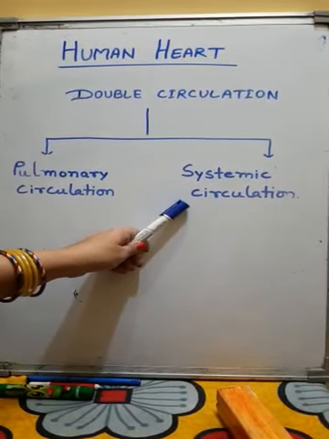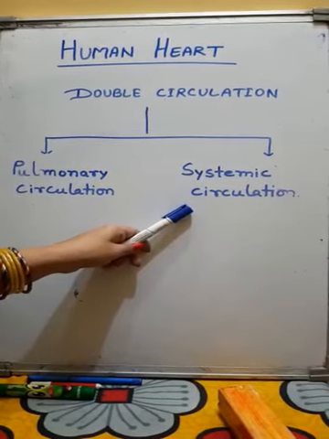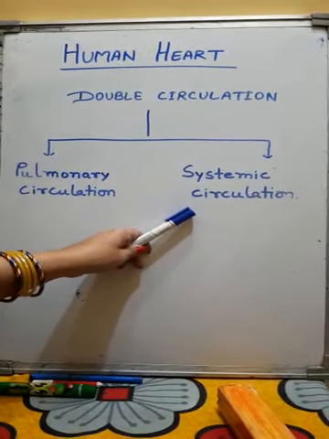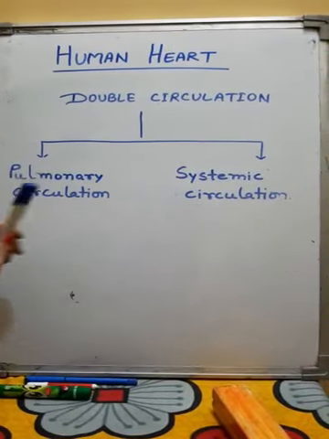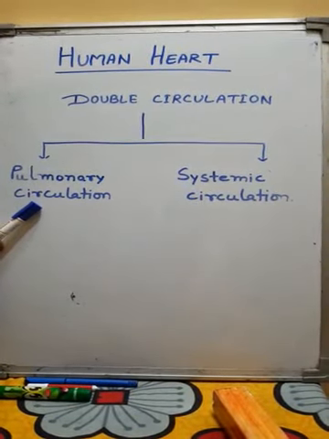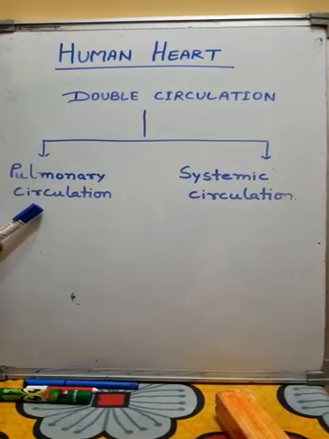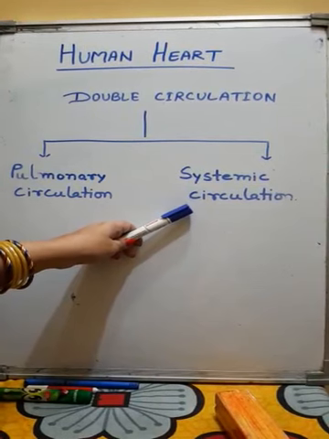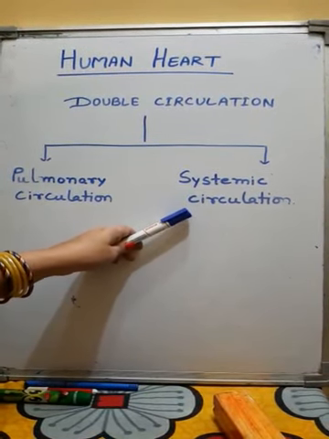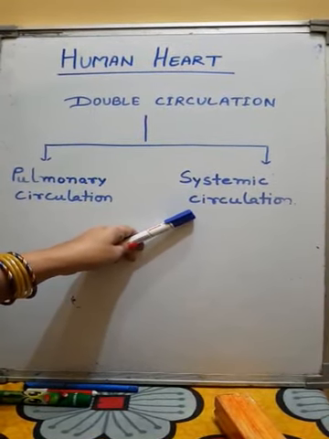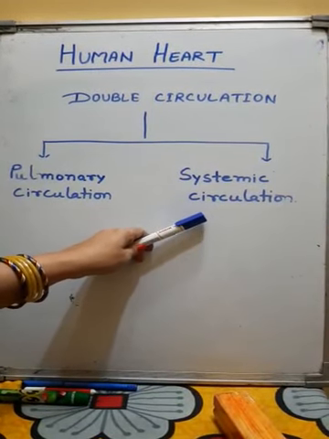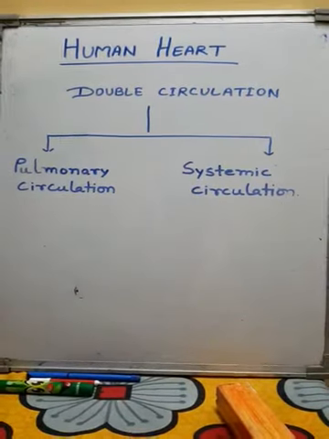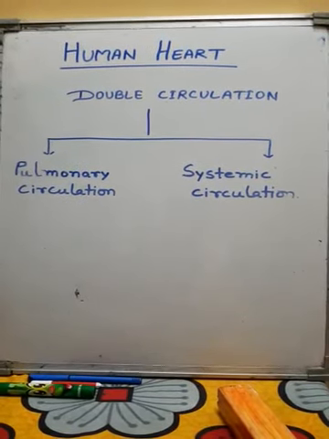It is the circulation of blood between heart and different parts of the body except lungs, because circulation to lungs is part of pulmonary circulation. Oxygenated blood received by the left auricle passes into the left ventricle, and then the left ventricle pumps it into the aorta for supply to different body parts. It is called systemic circulation.